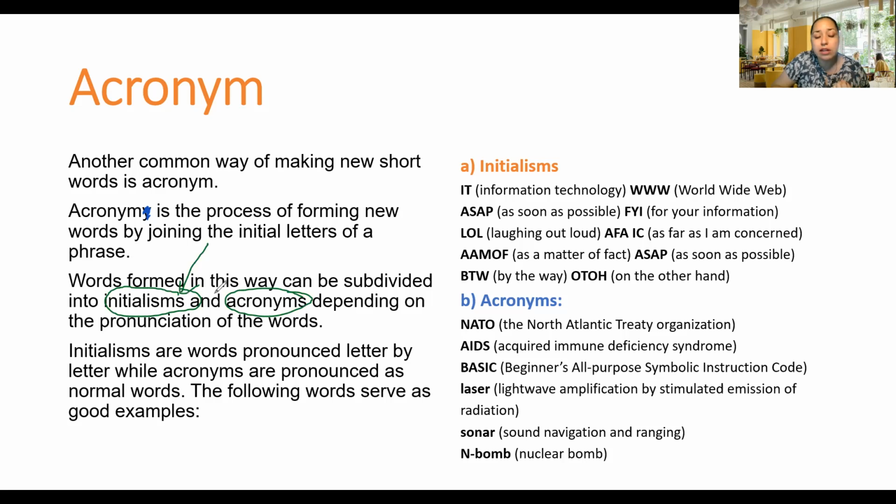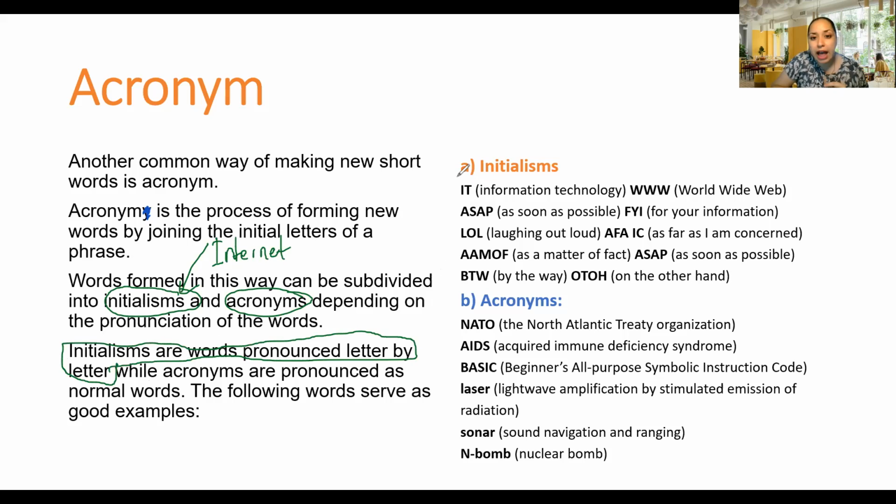So you are going to have initialisms and acronyms. Initialisms are the ones that are basically found all through the internet. We have treated them as abbreviations, but they are actually initialisms. And initialisms are words pronounced letter by letter. Here is the difference, and please pay attention to the pronunciation. They are pronounced letter by letter.